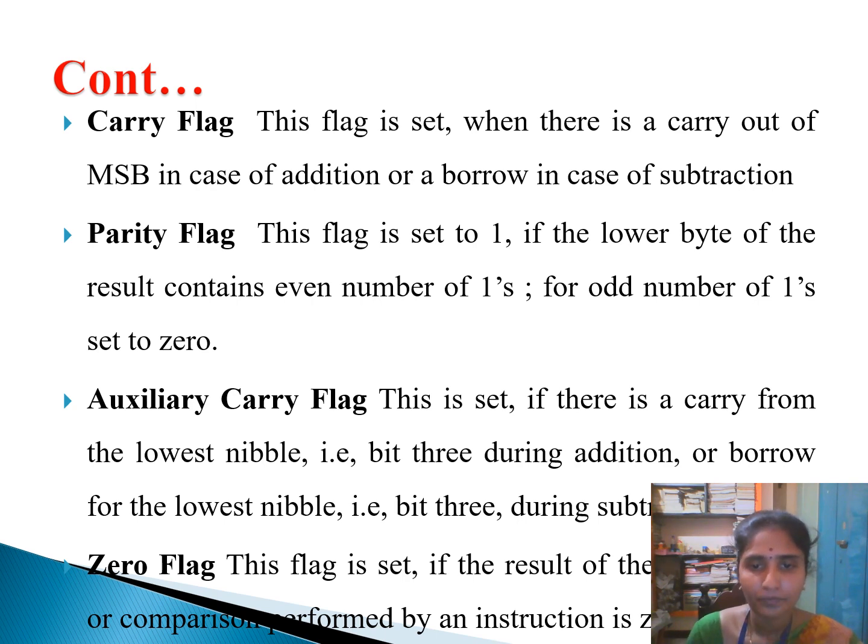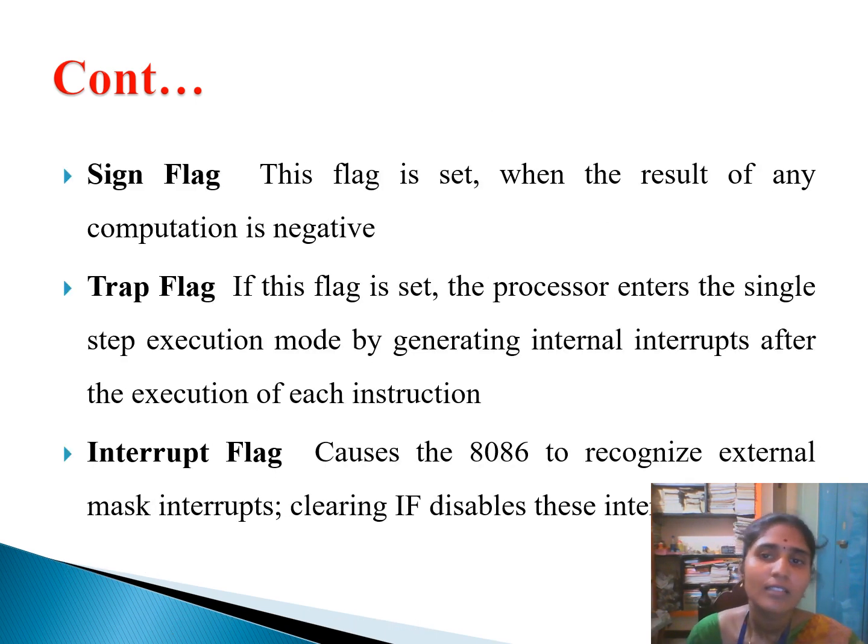Zero flag. This flag is set when the result of a computation or comparison performed by an instruction is 0. Sign flag. This flag is set when the result of any computation is negative.